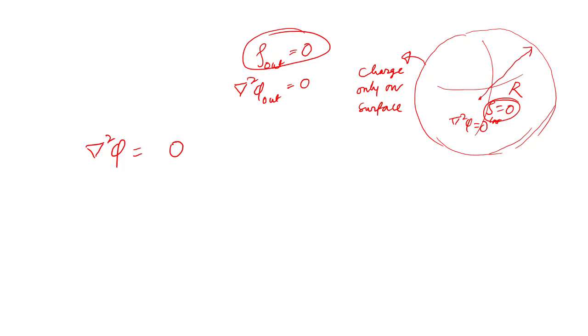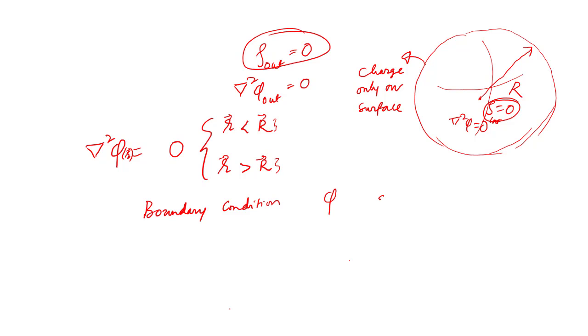So del square phi is equal to 0 for both r less than R and r greater than R. So this is phi of r. It's 0 inside the sphere because there is no charge, and outside also there is no charge. The charge is only on the boundary. So we have less than R and greater than R, and then we need to use some sort of boundary conditions to know what this phi would be at R.